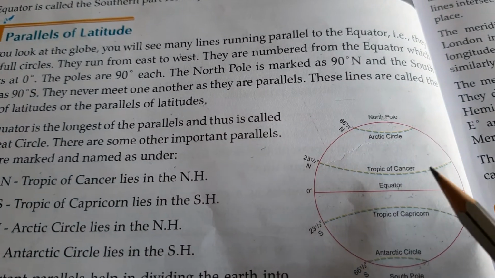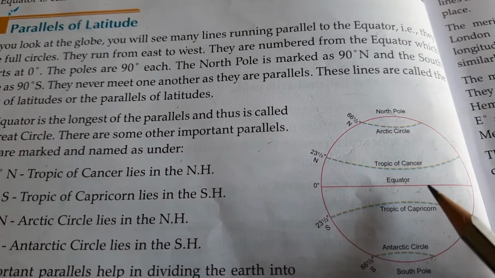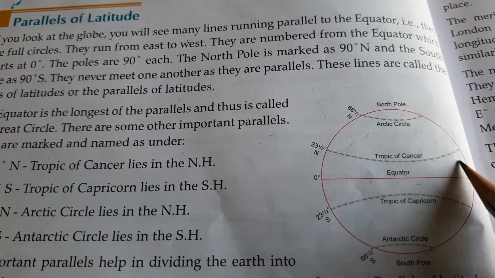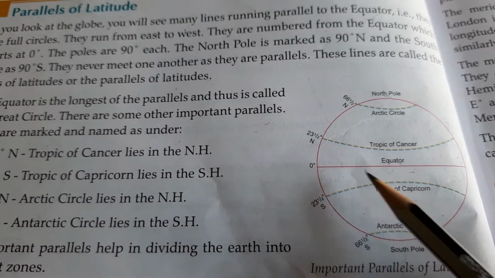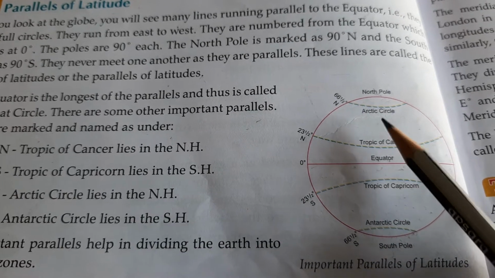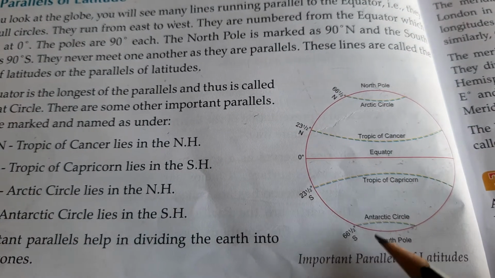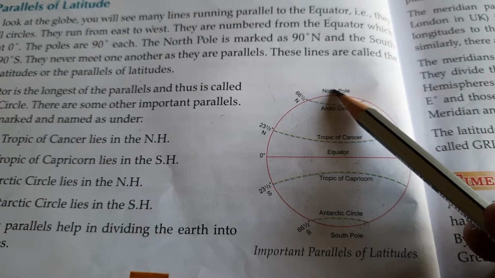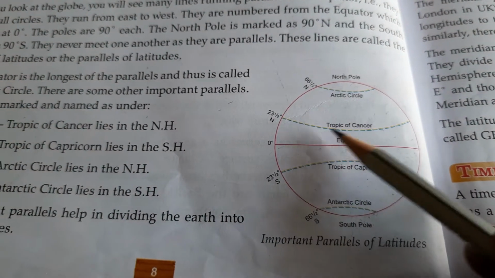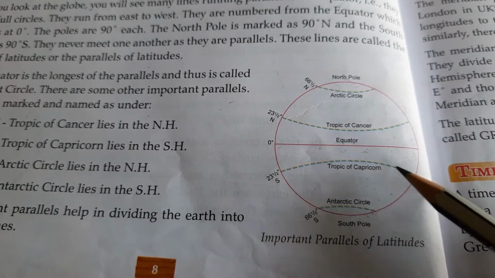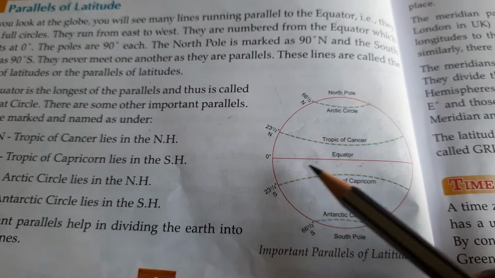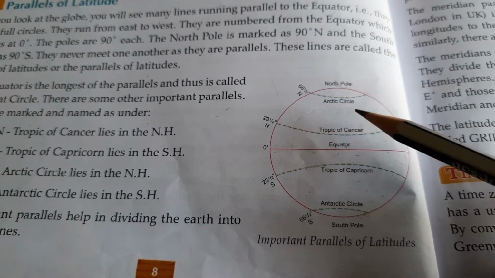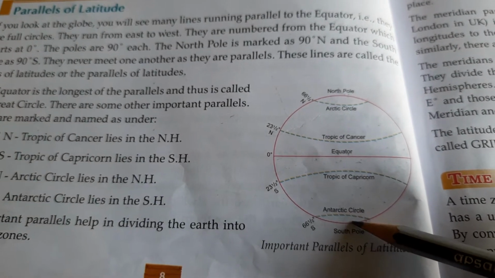So, parallels of latitude run parallel to the equator, from east to west. Look at these diagrams, where this is the north pole, here is the south pole, and the equator. The parallels of latitude run from east to west. The north pole is marked as 90 degree north and the south pole as 90 degree south.